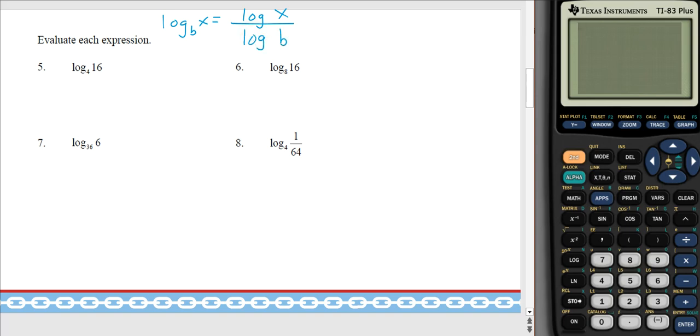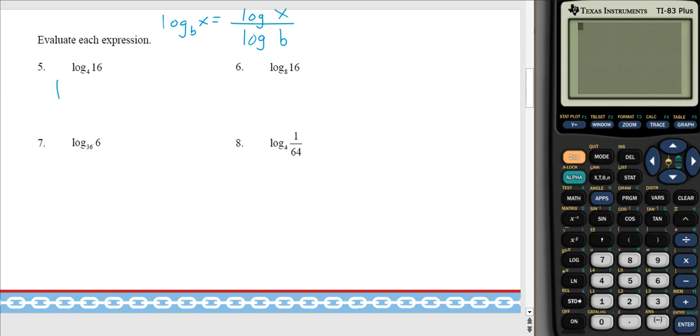Right? Our calculators only have the common log, or log with a base 10. We can't change the base. So we're going to use this change of base rule. The way this is often remembered is log of big over log of little. This gets a little tricky because it's the font size, not the value of the number.